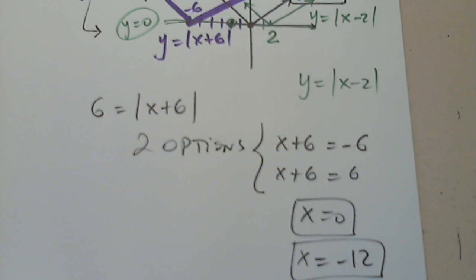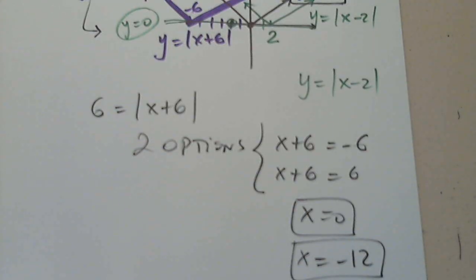Click enter. And this is x. And then we want to use the same thing, math and numbers, absolute value, and we have x plus 6. And then the last one, math and numbers and absolute value, and x minus 2.